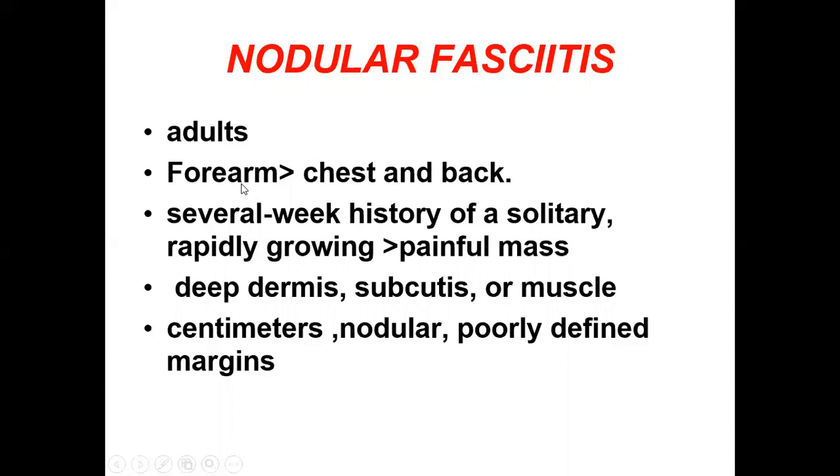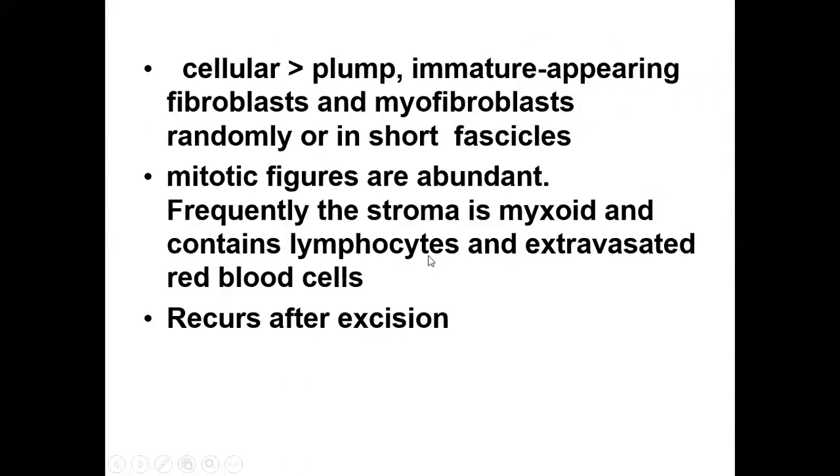Most of the patients are adults, and the forearm, chest, and back are the common sites. And there is a several weeks' history of a solitary, rapidly growing, painful mass. So history is important. Nodular fasciitis patients often complain of a rapidly developing or growing mass, which is painful.